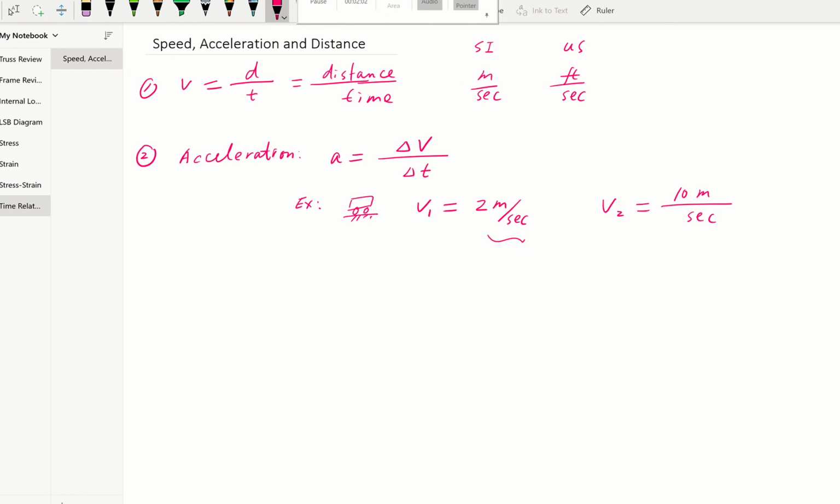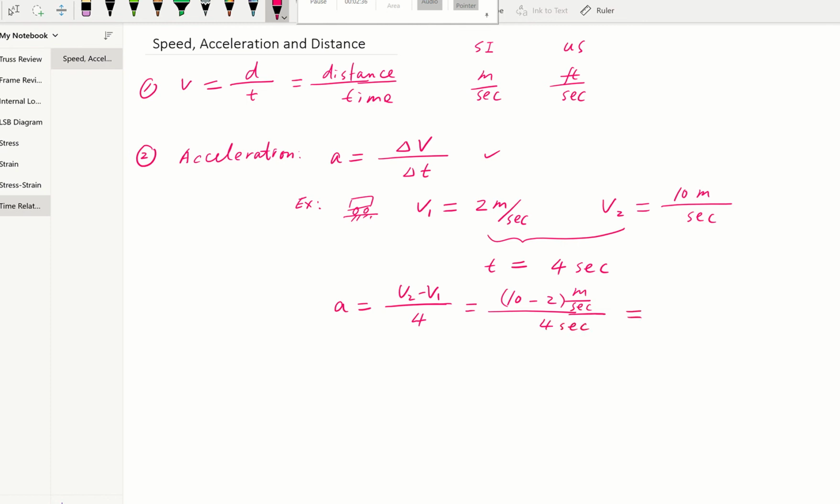And this process takes about 4 seconds total. So getting back to the definition, acceleration will be V2 minus V1. That's the change in velocity, divided by the time for this process to happen. That's 4 seconds, right? So we have 10 meters per second minus 2, then divided by 4 seconds.